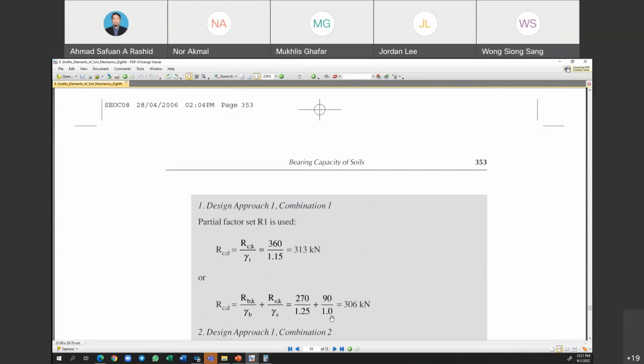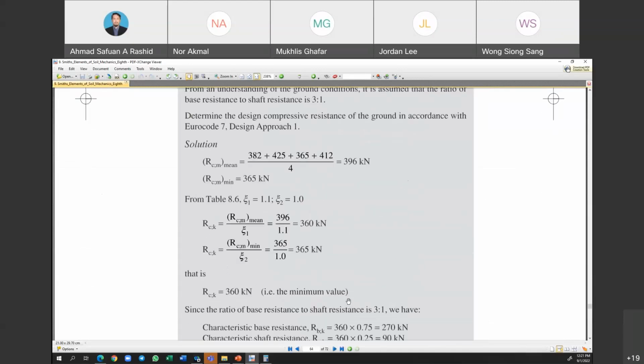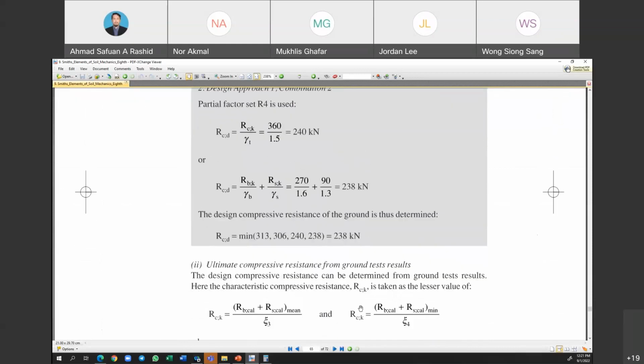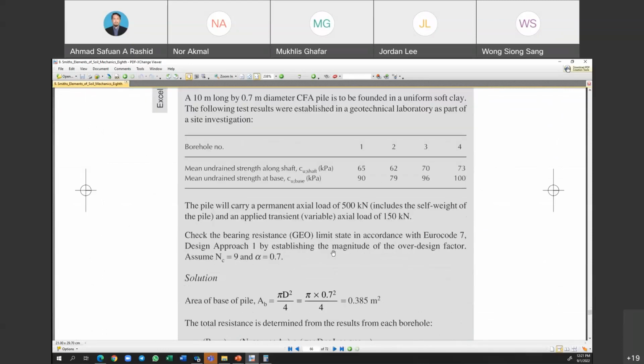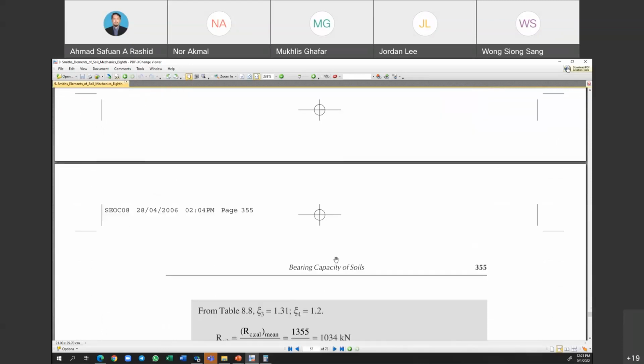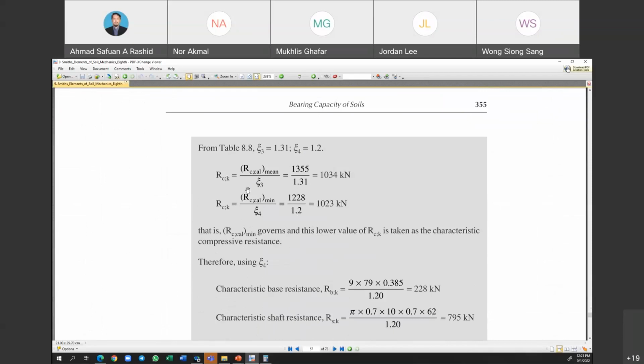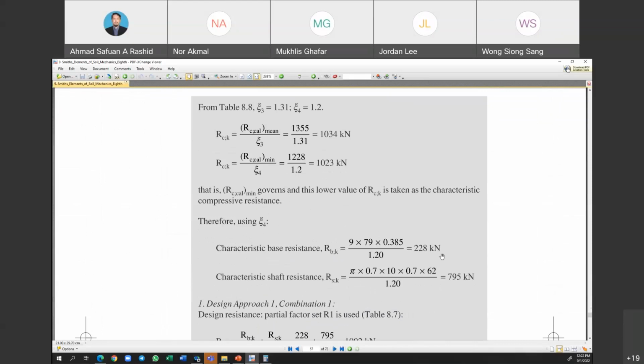Where is Table 8? Okay, here, that is for zeta 3, zeta 4. Then they calculate for zeta 4.